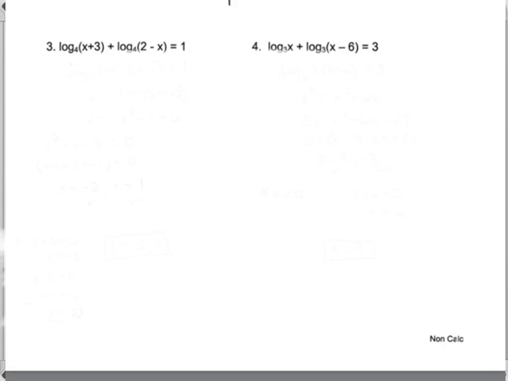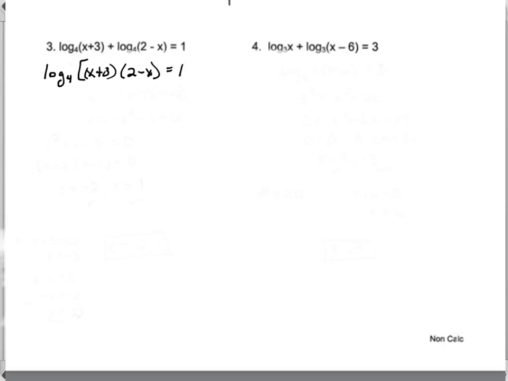Well, we have two logarithms here, but they're on the same side of the equal sign. So we want to combine those into one logarithm. And we can do that because remember, if there's a plus between them, that means that's a product. So what we're going to do is combine those into one, and that's going to be log base 4 of x plus 3 times 2 minus x equals 1.